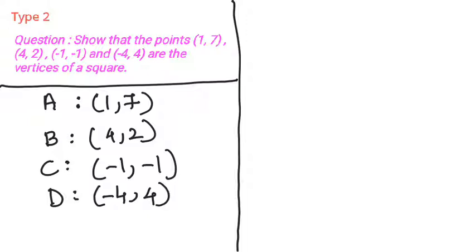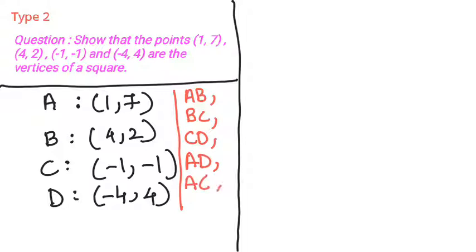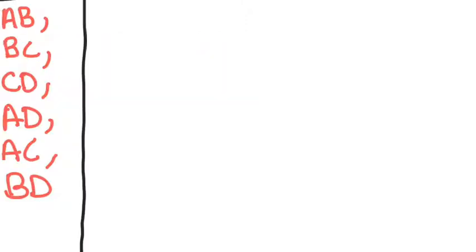Again, in this question, we will find the distances AB, BC, CD, AD as well as the diagonals AC and BD. Okay, so now let's move on to calculating the distances.